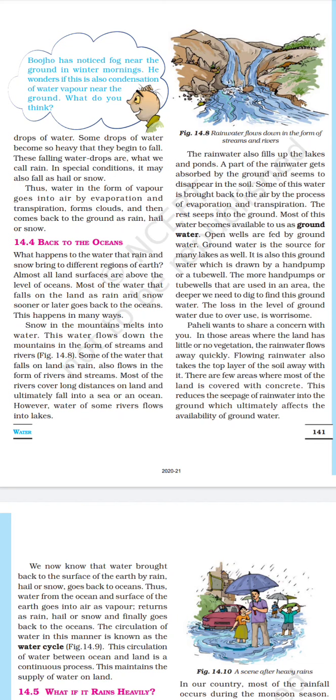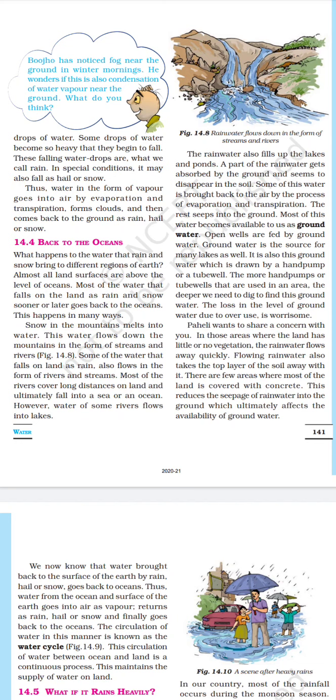The rest seeps into the ground, as already mentioned, basically through the rivers, oceans, or through the dams. When we preserve water in the dams, the water will seep into the ground and it will increase the underground water level.